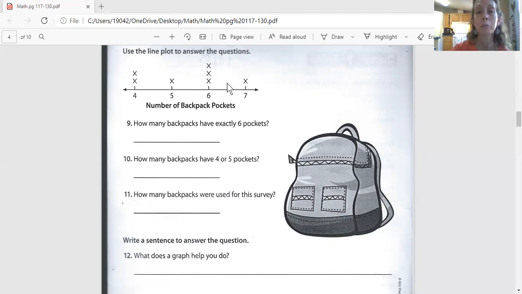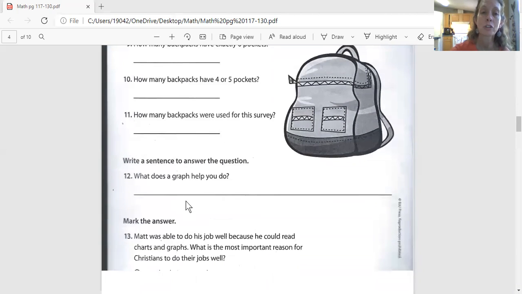So we're going to count them all. We're going to simply count all our X's. We can also go 2 plus 1 plus 3 plus 1. But we could just count them. 1, 2, 3, 4, 5, 6, 7. There's our answer.